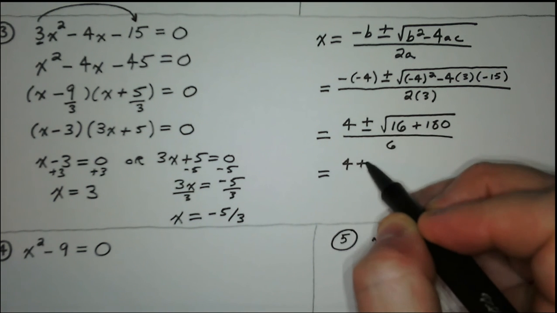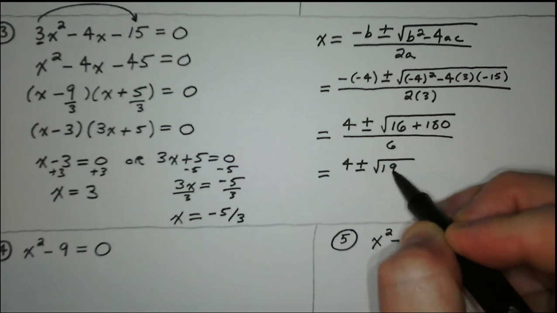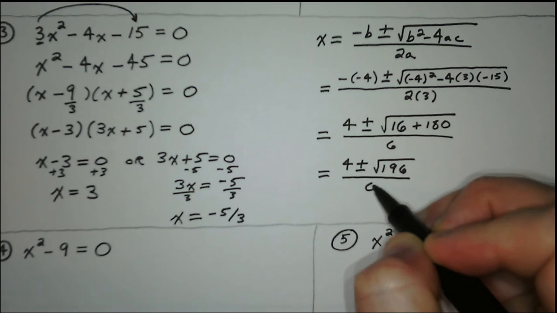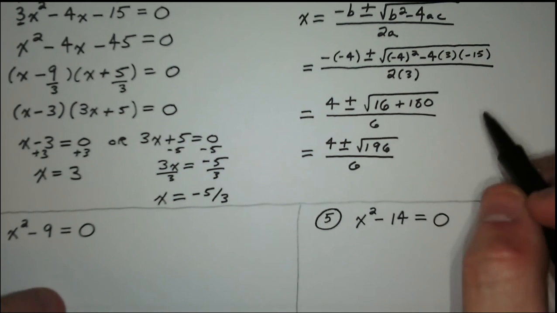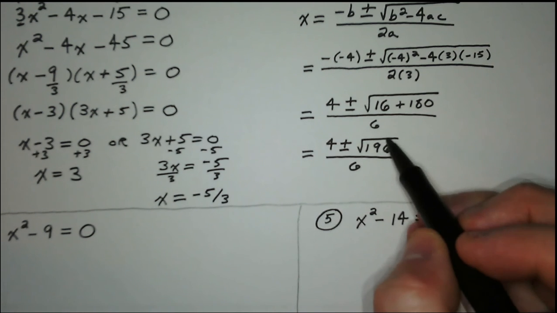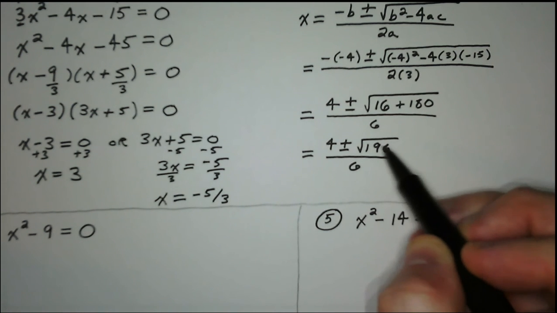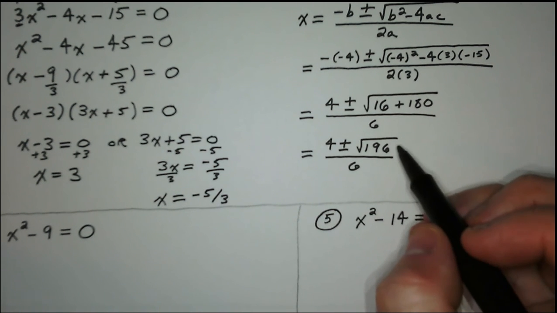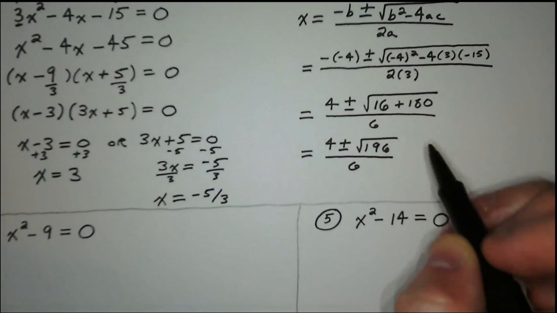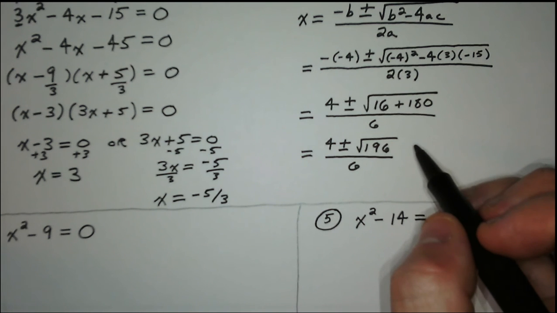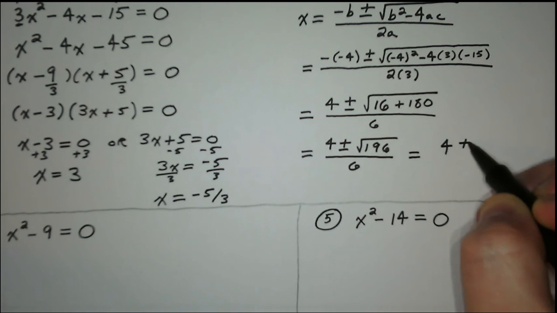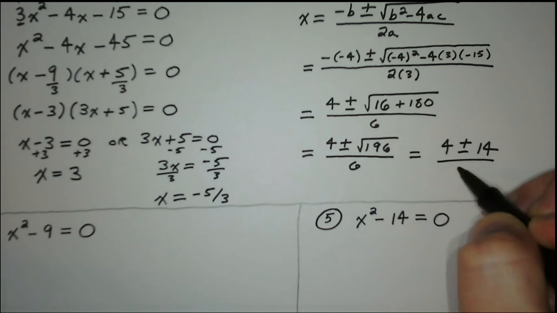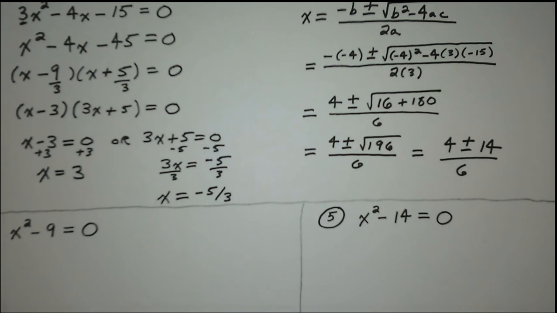Now, 4 plus or minus the square root of 196 all over 6. All right? I'll try to fast track this at the end here, but guess what? At this point, you'd have to look at the square root and think about what you could do with it. What can you do with the square root of 196? That's actually clean. That's actually just 14.